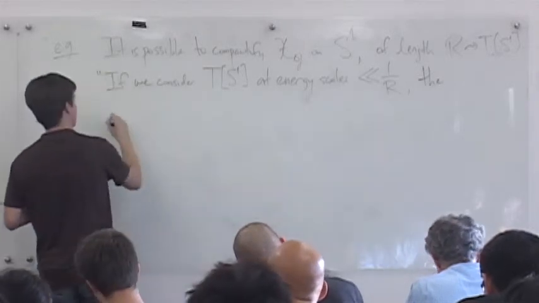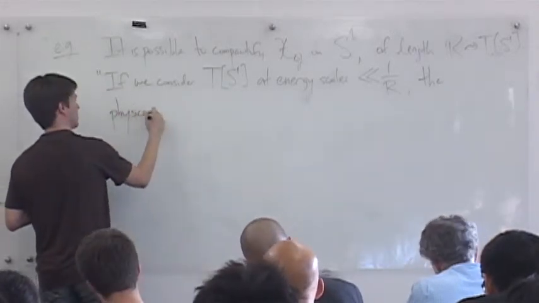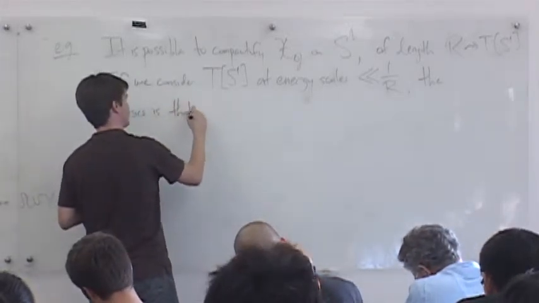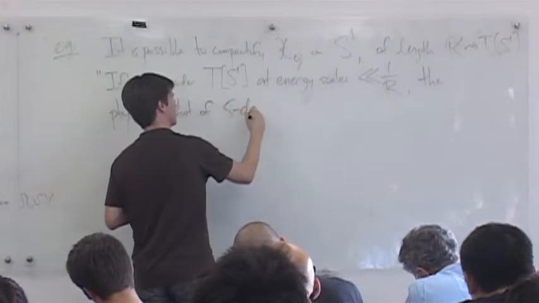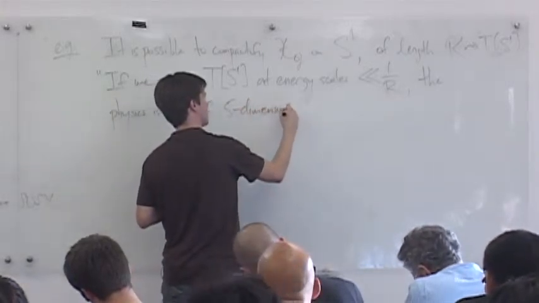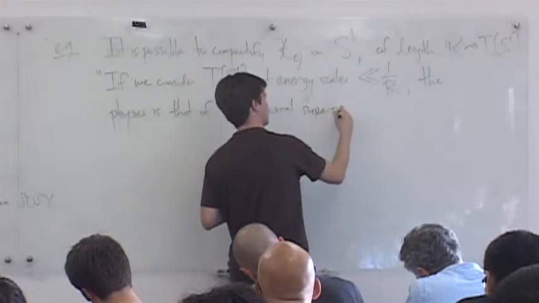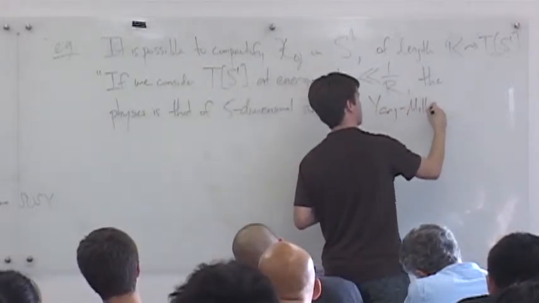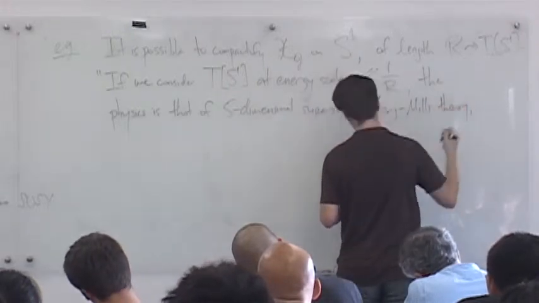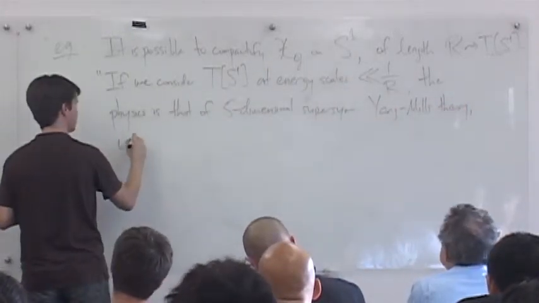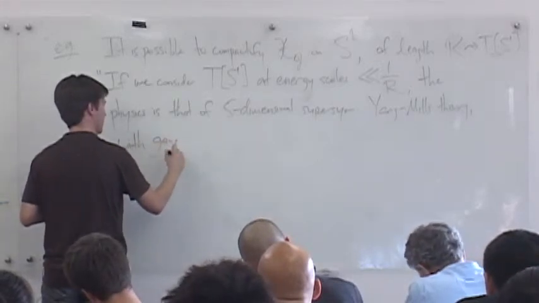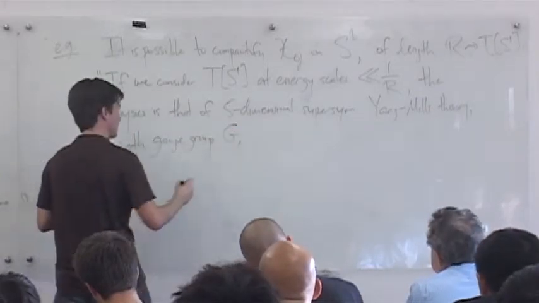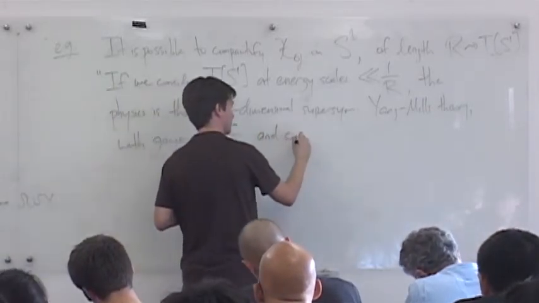But the statement is that if you do that, then the physics becomes that of 5-dimensional supersymmetric Yang-Mills theory, with gauge group G. I have the same problem that David had, so I'll say with gauge group G. And coupling; this theory does have a coupling.